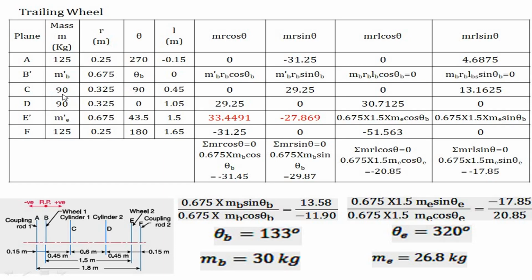So 90 kg of reciprocating masses has been placed over here. All other values will be written in a similar manner, and further the calculation will be done in the same way, and we are going to get the value of angle theta E, ME, theta B, MB. So these are the values of masses that we are going to place in the trailing wheel, right?